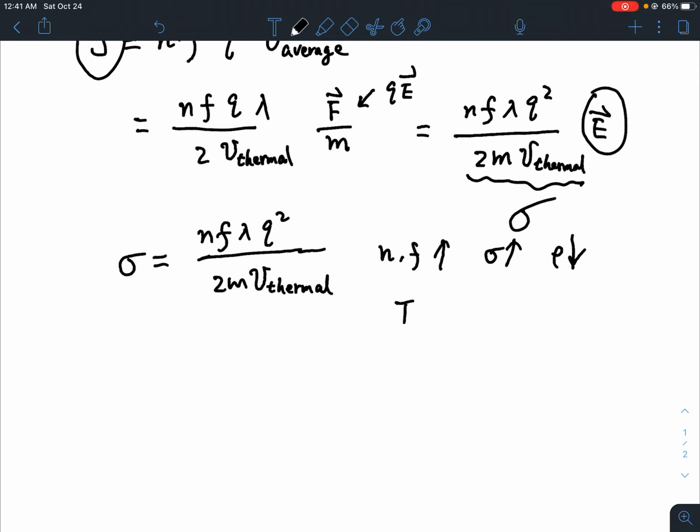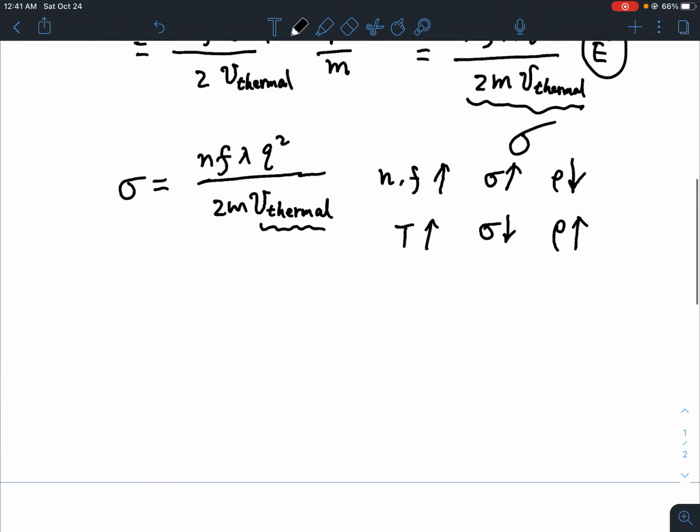Also, if the temperature increases, because v_thermal is proportional to the square root of T, the conductivity decreases and the resistivity increases.